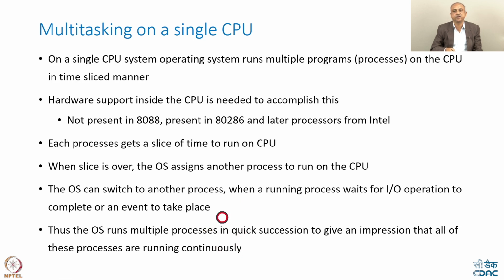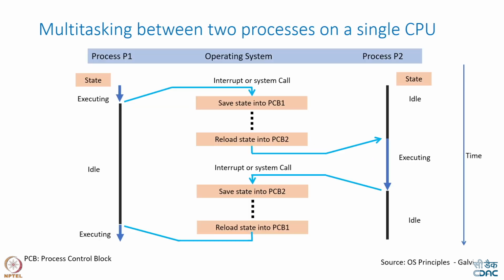If there is no wait, then the time slice will get over, and when the time slice gets over, the next task will come into picture, it will start running, and as a result the CPU's optimum use will be made, and multiple tasks which are in the memory will keep running one after another.